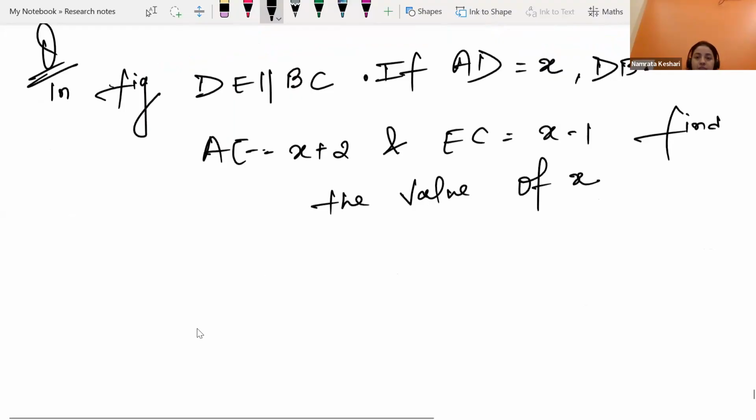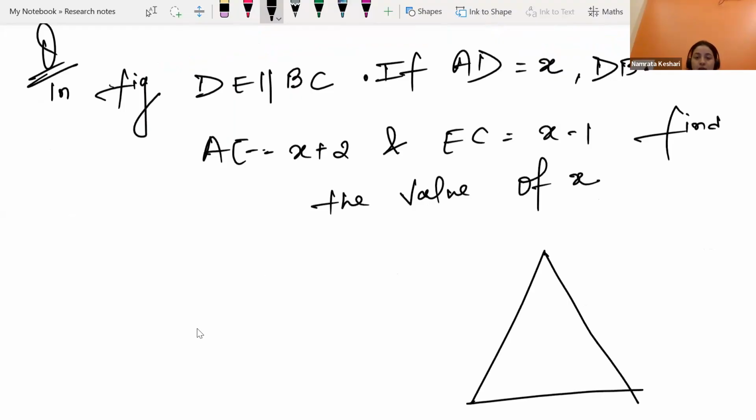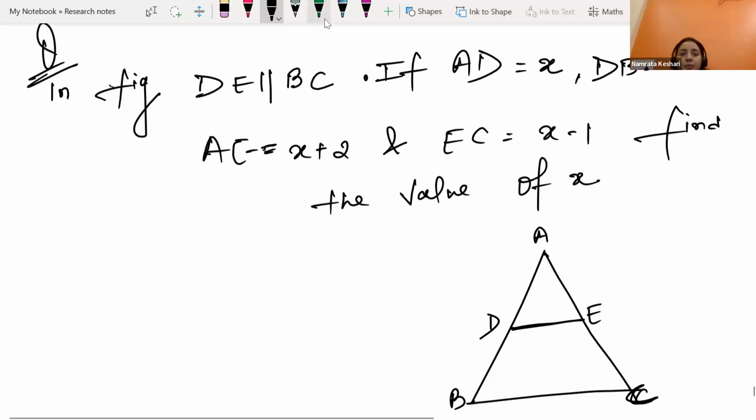Let's do it. If we are having a triangle, okay, if you are having a line which is parallel, this is ABC and this is DE. Okay, this is the complete question. Let's do it by using the basic proportionality theorem or Thales theorem, that in the figure DE is parallel to BC.